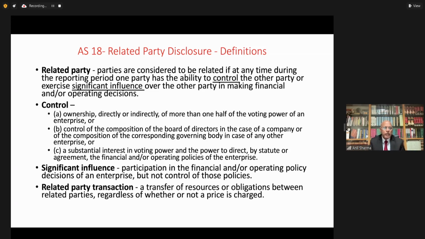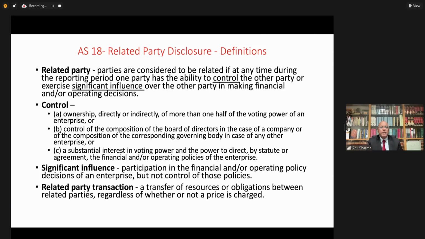So the definition given in AS 18 is for disclosure purposes, because the name of the accounting standard itself is Related Party Disclosures. It concentrates on disclosure and has nothing to do with the compliance part.